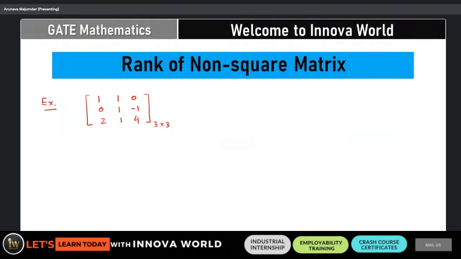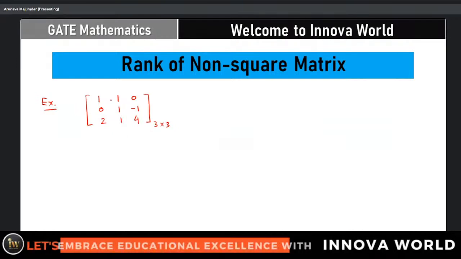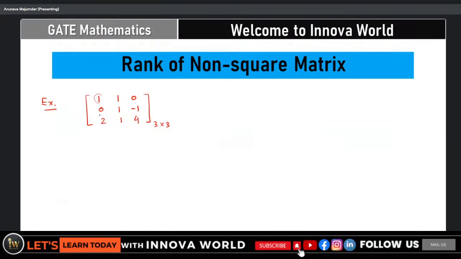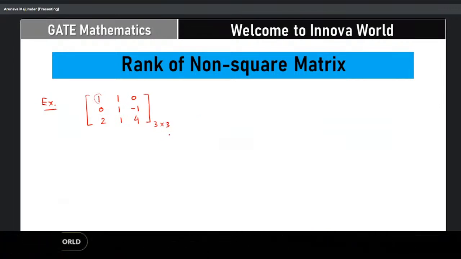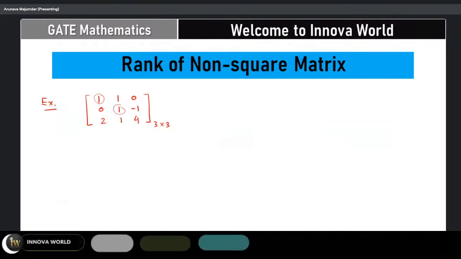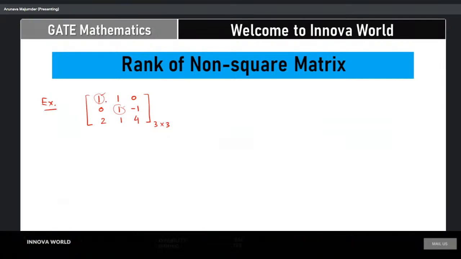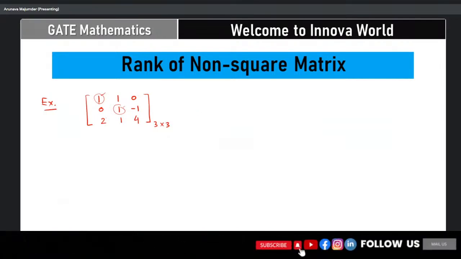What I suggested in the last class is to make the first and second diagonal elements 1 if it is a 3 cross 3 square matrix. You can see already these two elements are 1, so no need to make them 1.